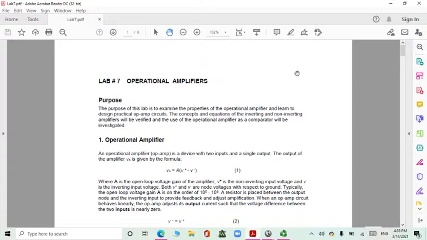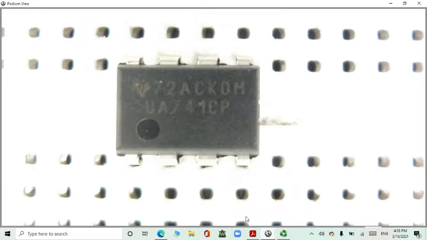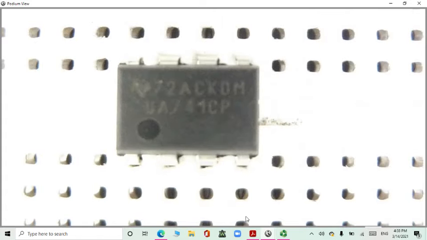From its name, we can see this is the op-amp that we are going to use, which is 741. So what does 741 mean?